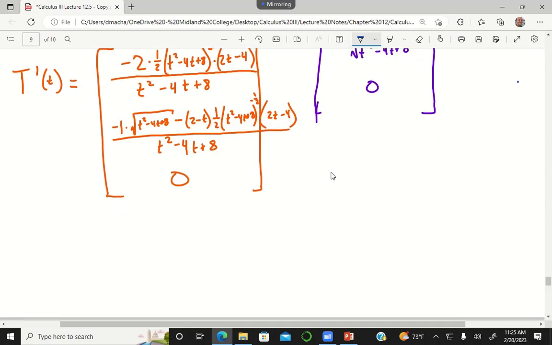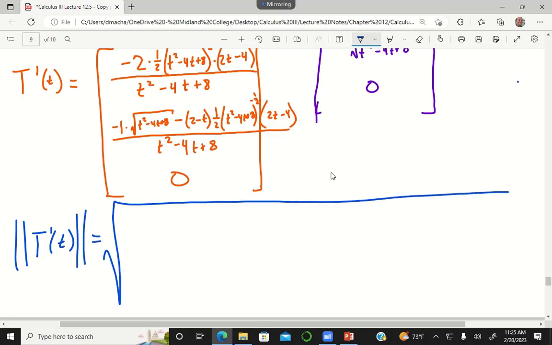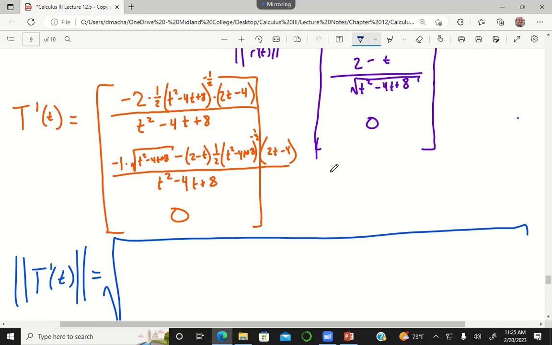So the norm now is, of course, the square root of those things squared. So this 2 and this 1/2 are going to cancel, so that goes away. Since this whole numerator is just negative, whenever I square that, the negative isn't going to matter anymore, so I can actually ignore the negative.